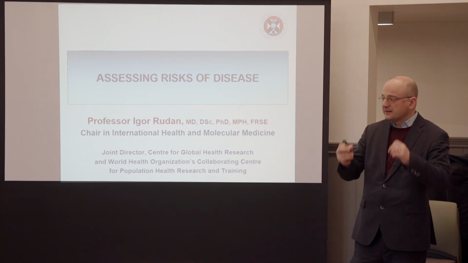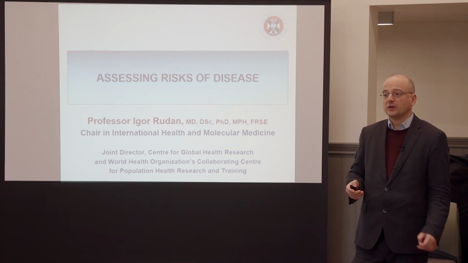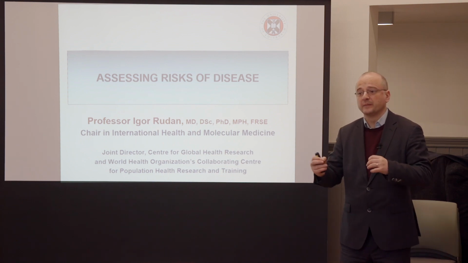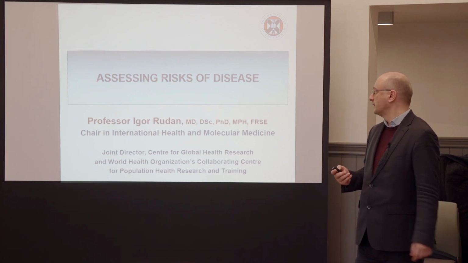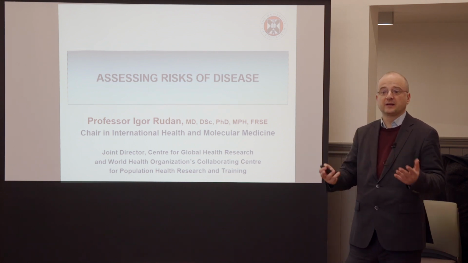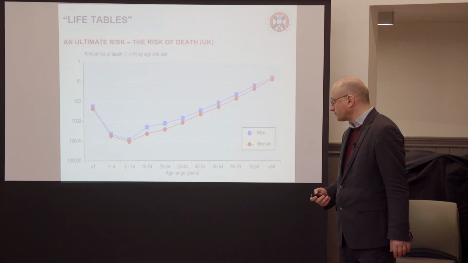So let us think through how, in epidemiology, we can figure out which exposures or behaviors or things that we can do are actually increasing the risks of disease and sometimes even causing a disease out of nothing.